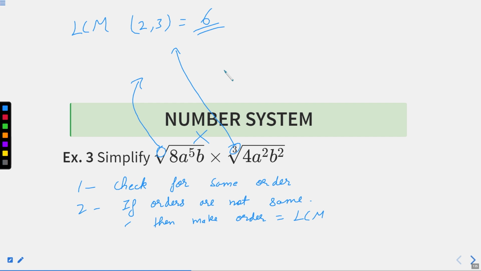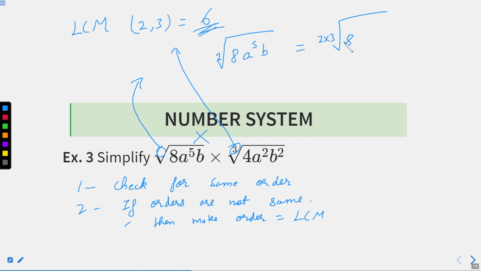So the first term is 8a^5b^3 under the square root, where the order 2 is written. We don't usually write it, we just use the radical symbol, but here it is 2. So what will I multiply so that I can get 6? I will multiply with 3.